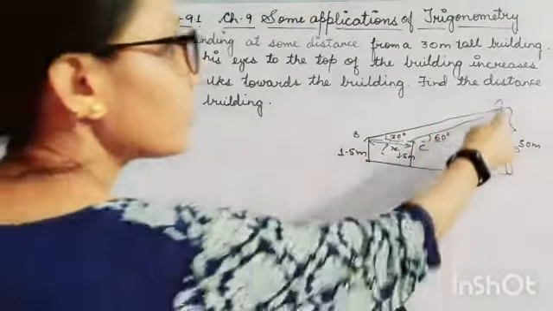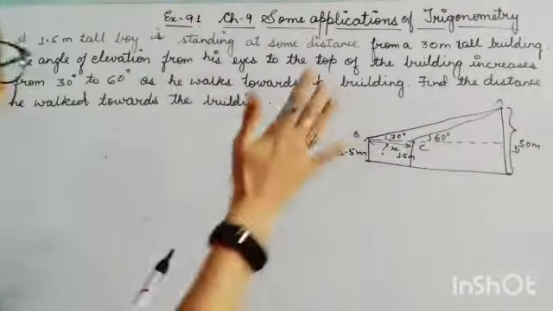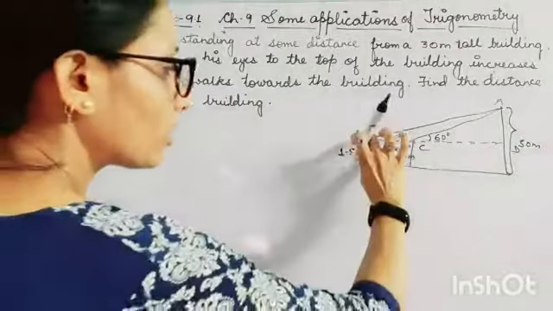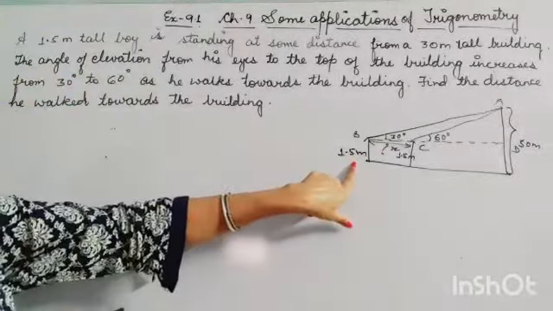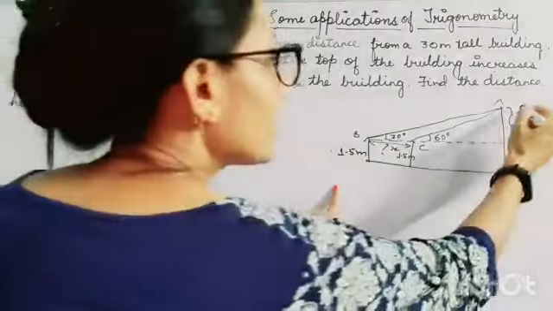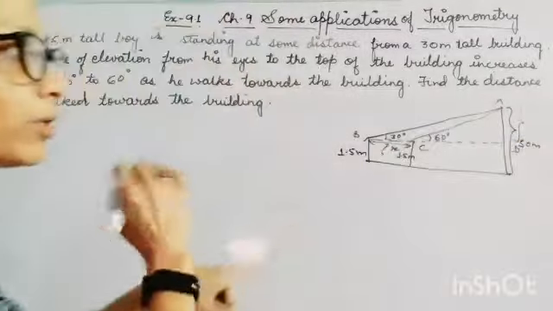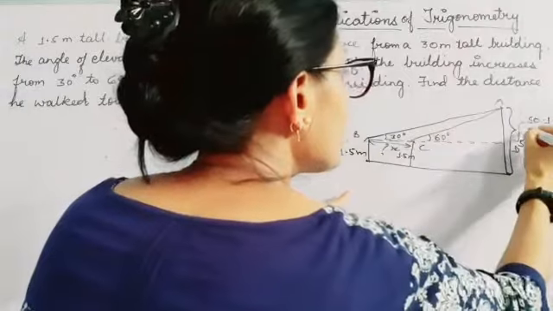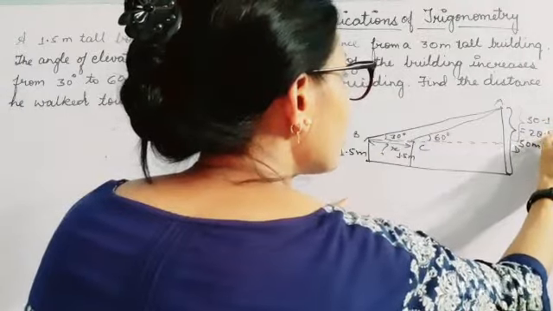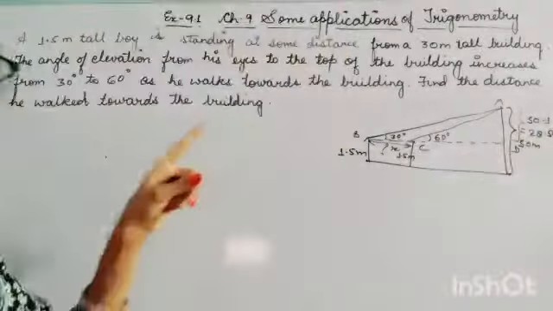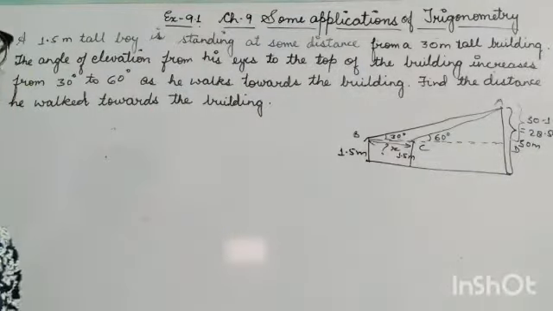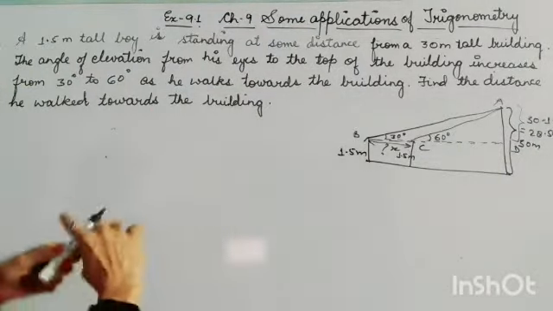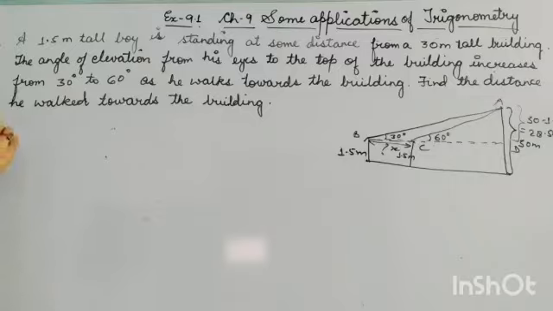Now see children, if your building is 30 meters high and the height of the boy is 1.5 meters, then the leftover height will be 30 minus 1.5, which is equal to 28.5 meters. Fine. Now let's start with the question.